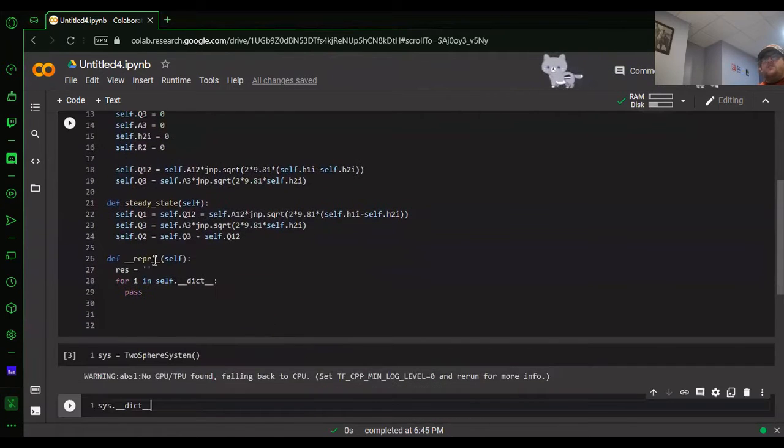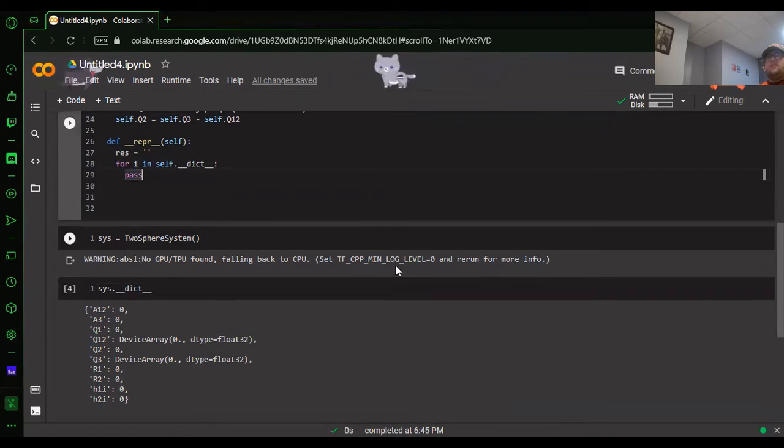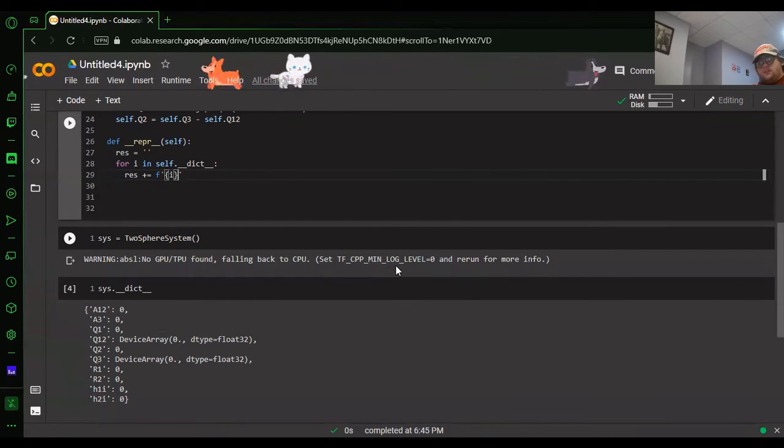So what's happening here is our I is iterating through all of these like it's a dictionary. So what we're going to do is our res variable, which we're going to be returning to the console, is going to pick up all of these values, starting with the key, I, tab, equal to tab, the actual value.